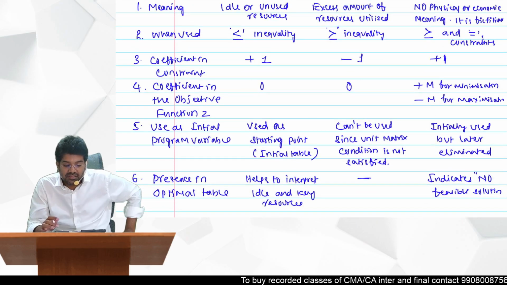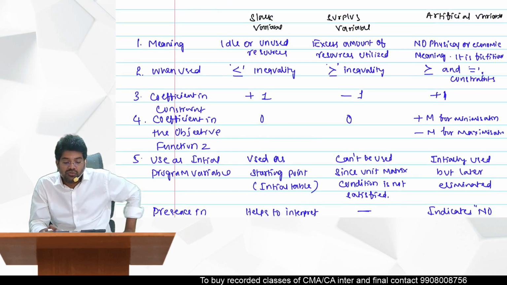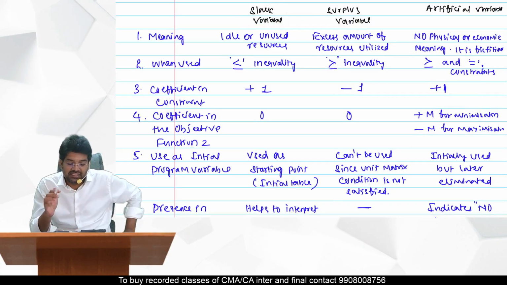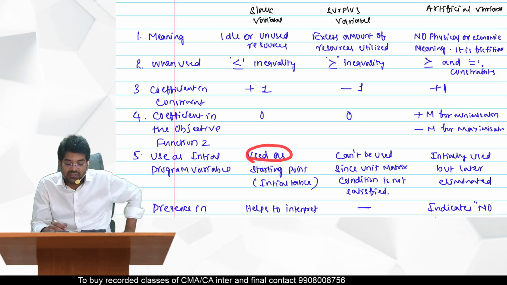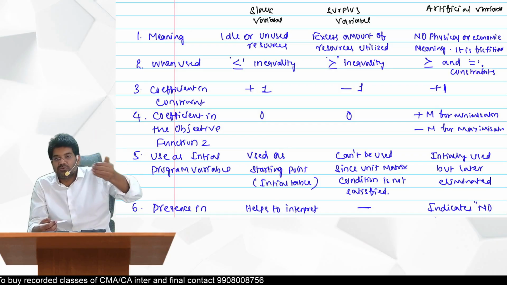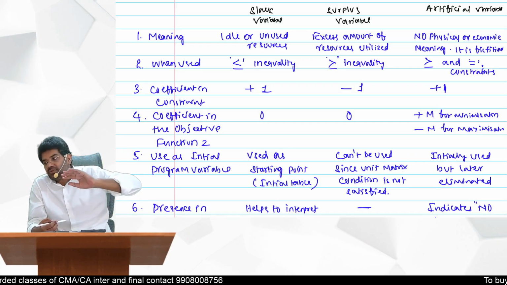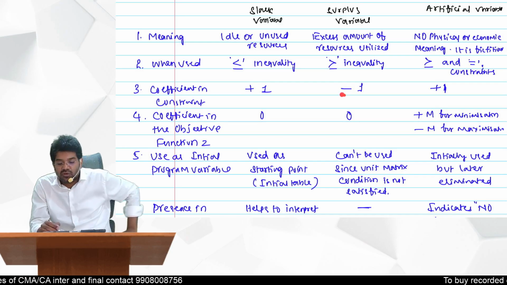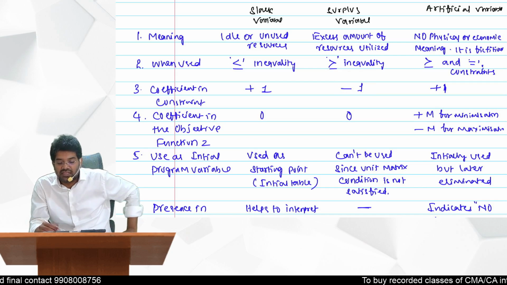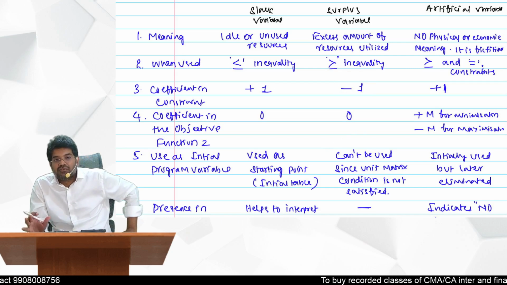Should we use slack variables as initial program variables in a simplex? Yes. Slack variables are used as the starting point for the initial simplex table. We use those only as program variables. Surplus variables we never use because the coefficient is -1, so a unit matrix cannot be formed. That is the reason we don't take surplus variables as program variables initially.